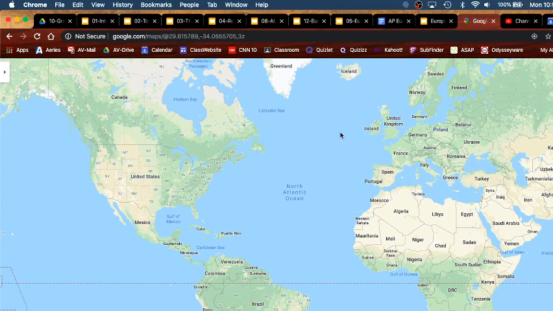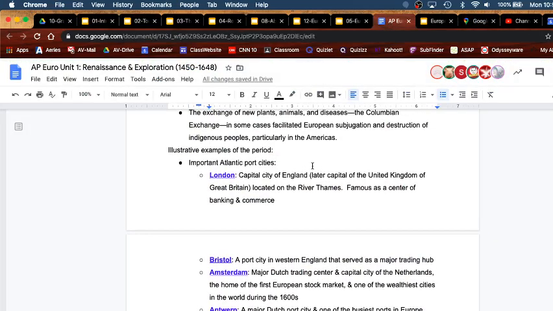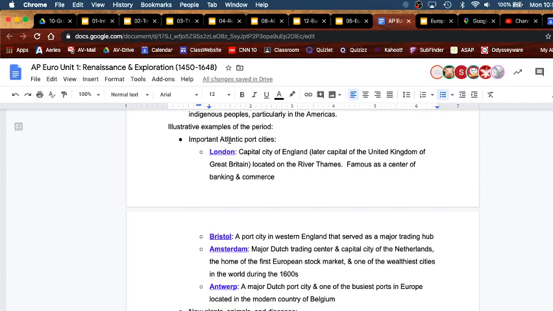Who knows which one killed more people, but we're talking hundreds of millions of people killed in this plague. So I just want to point out how significant that is. And in some cases it facilitated, allowed Europeans to take over. Sometimes they didn't even have to conquer Native Americans and take their lands because these Native Americans died of disease at such a high rate. So that's something that cannot be overemphasized. It's really significant.